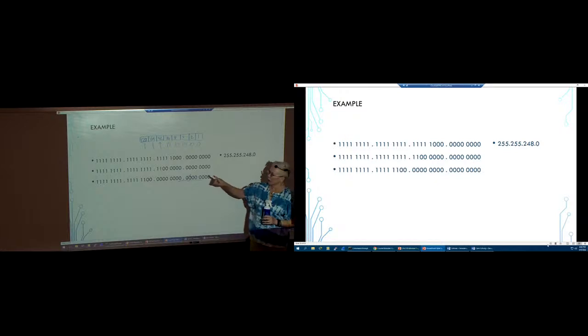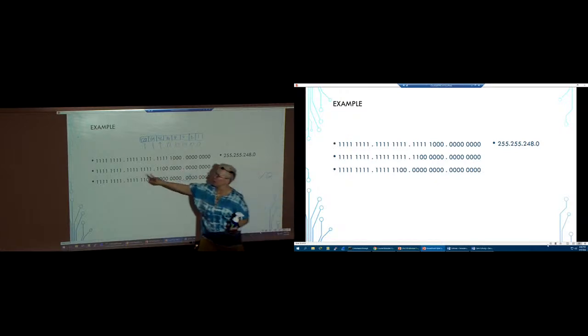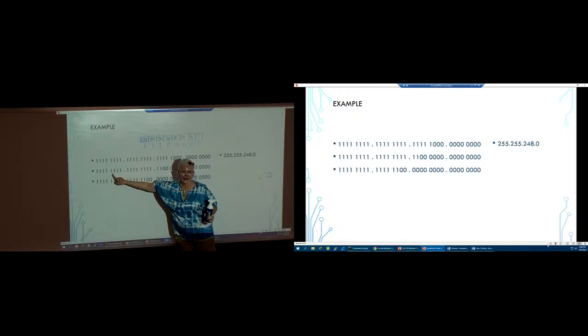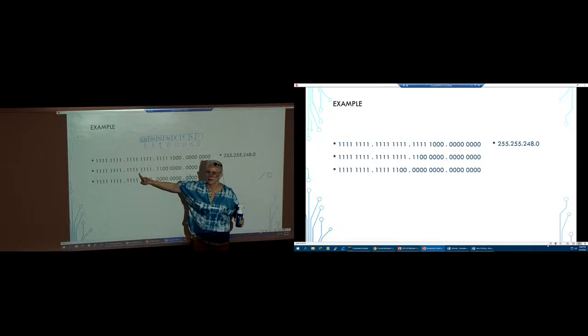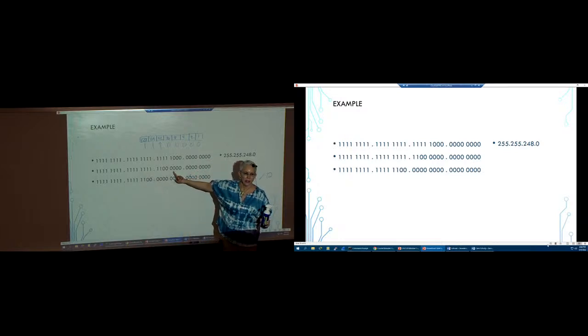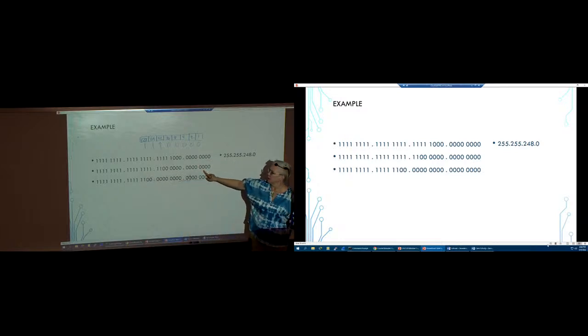So you're going to convert this to its decimal. So it's going to be what? This one? Everybody. And this one? Okay, now this one. And? So you're going to write that out. Then you're going to tell me what octet, where the last network bit is, and what the positional value is.